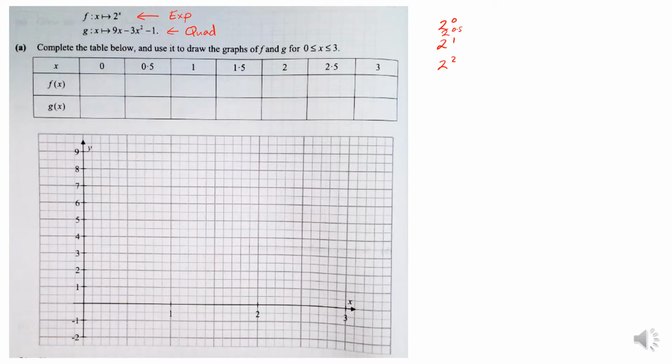So you can do it one by one, calculating, or you can use the tables function, which I've shown you on your calculators. Okay, so that's what I'm going to use. So I'll enter 2 to the power of x for f of x and 9x minus 3x squared minus 1 for the quadratic function.